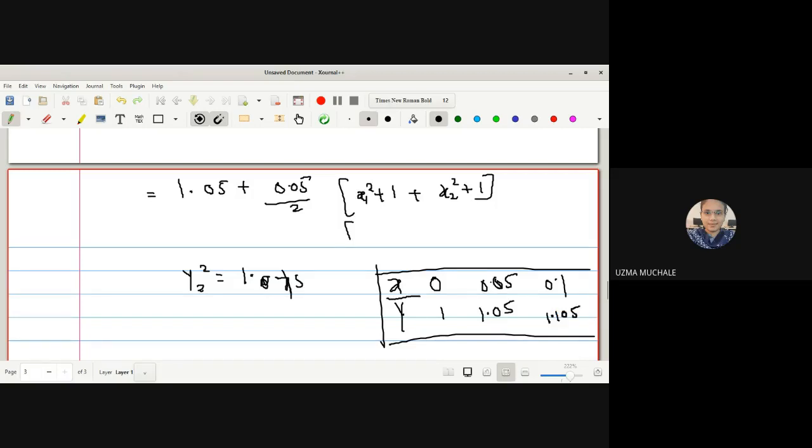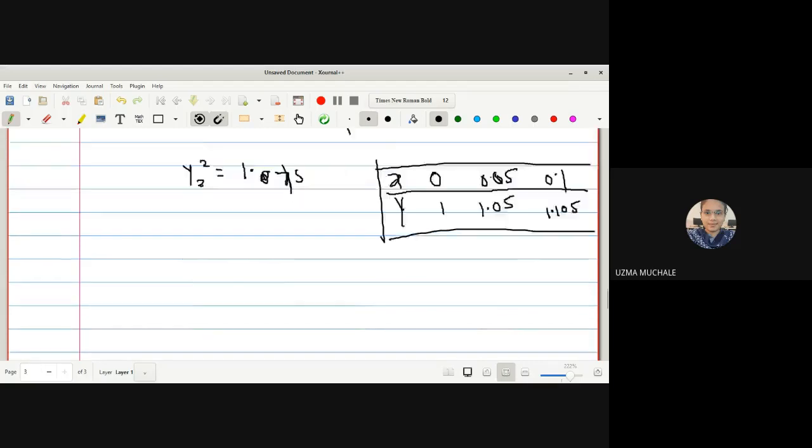Whatever we have found, y1 raised to 2 is 1.05 and y2 is also 1.105, and hence we are getting this answer with the help of Euler's method as well as Euler's modified method. Okay, let us solve one more example so that whatever doubts you have will be clear.